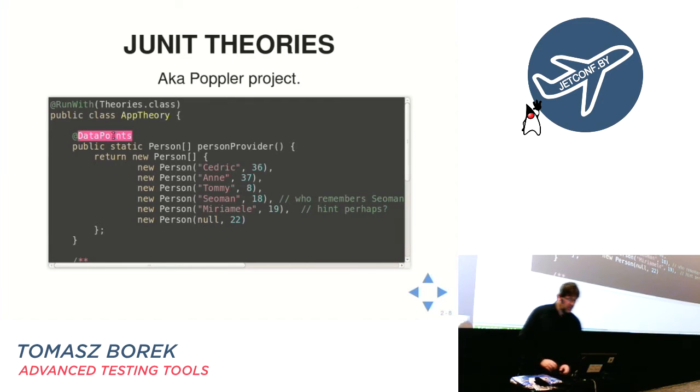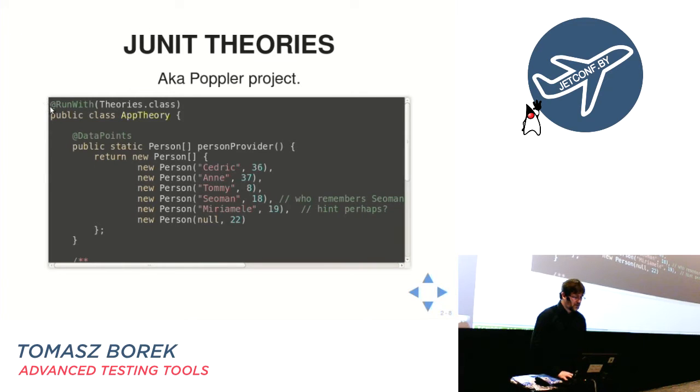Theories came from the Popper project. Popper project was, I think, a master's or doctorate thesis where a person tried to use logic in JUnit testing. So they came up with two annotations, DataPoint and DataPoints, singular and plural, and they marked fields or methods with them just to use them later in theories.